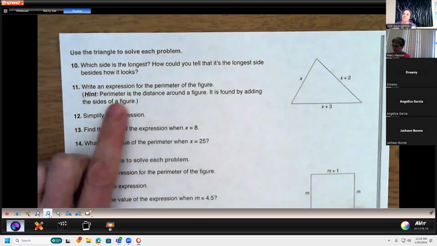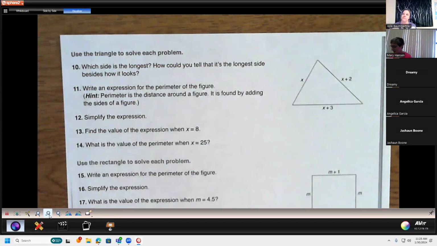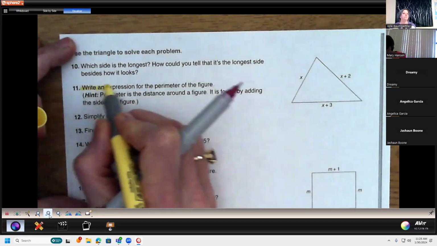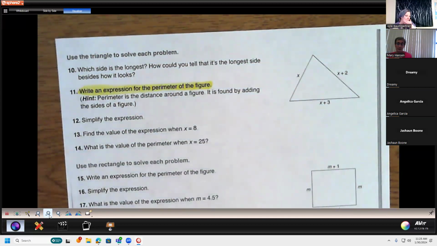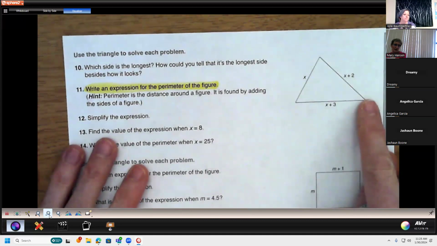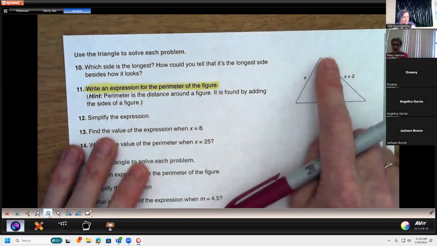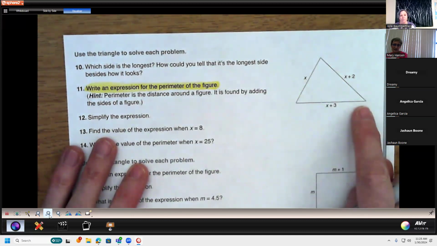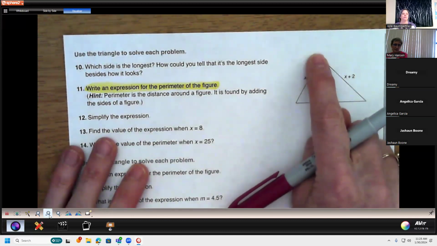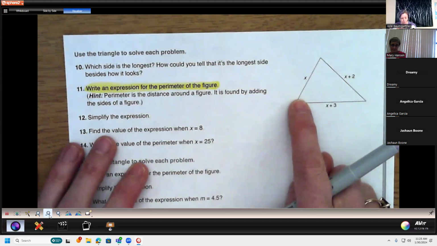Okay, so for number 11, this is a real common way you'll see these kinds of problems: write an expression for the perimeter of the figure. If I'm going to build a fence around this triangular plot of land, I need fencing in the amount of this plus this plus this.